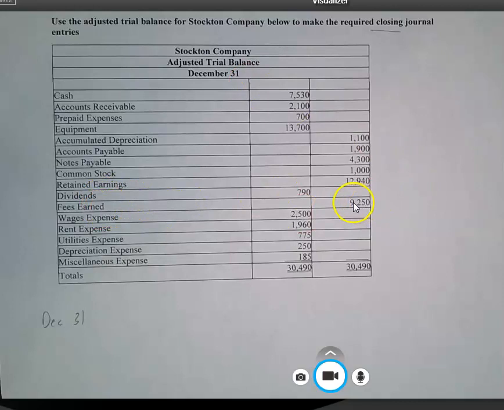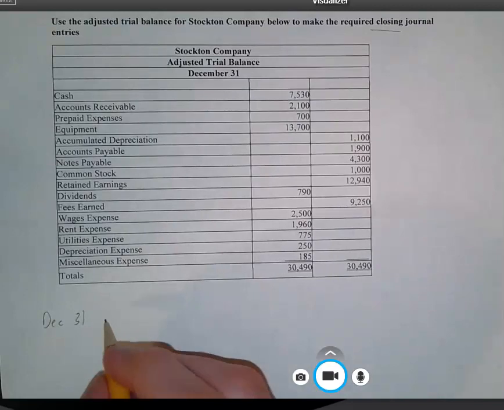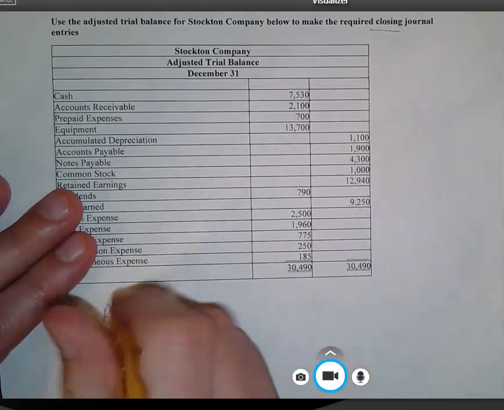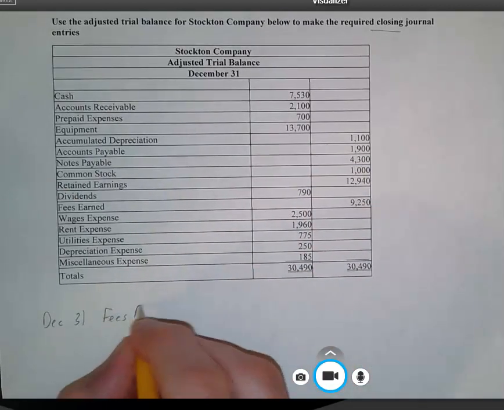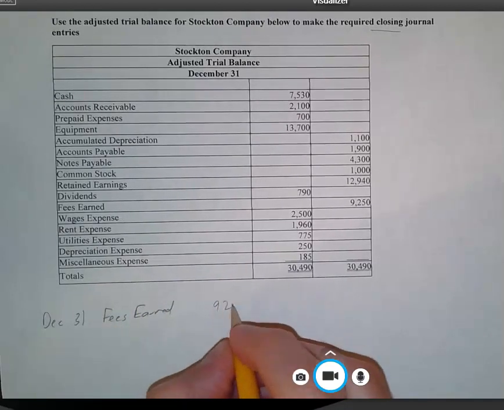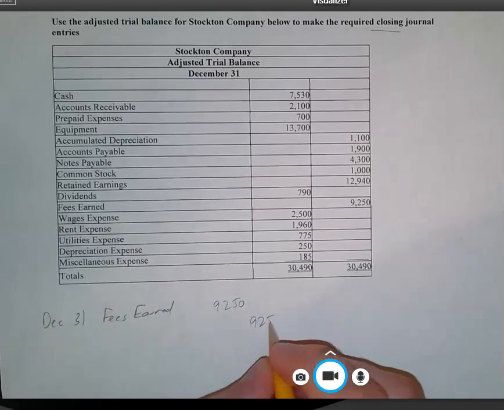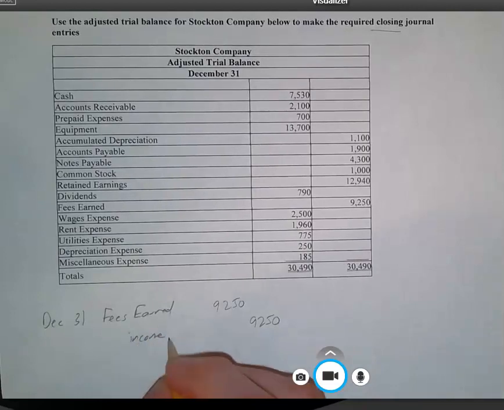So if fees earned have a credit balance of $92.50, what we're going to do here is we're going to, I'm sorry, I started to write revenue. We're going to take fees earned and we're going to debit it for $92.50. Okay, and we're going to credit income summary for the same $92.50.